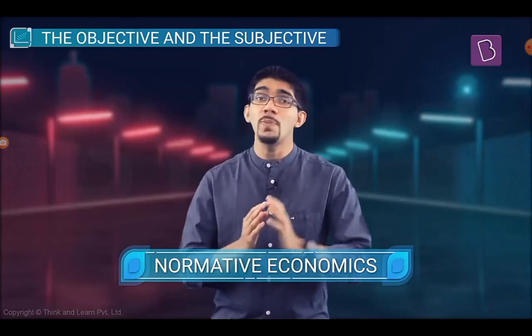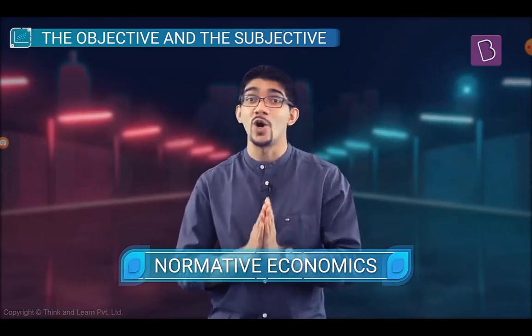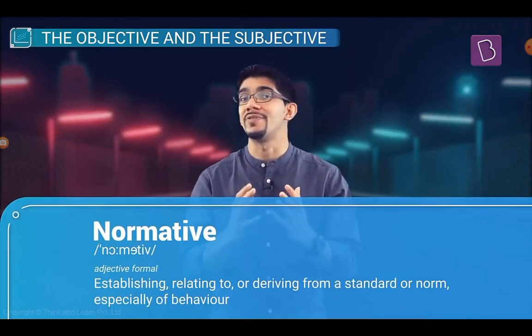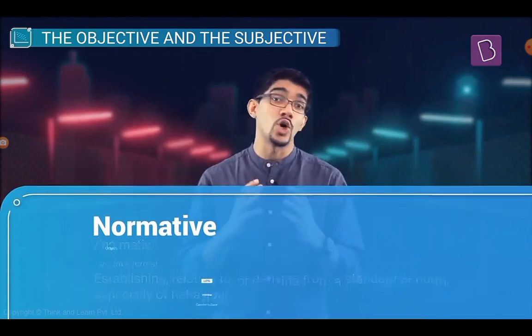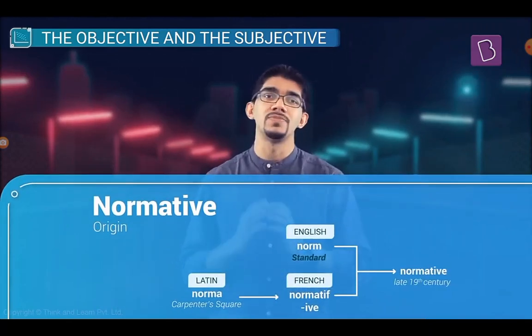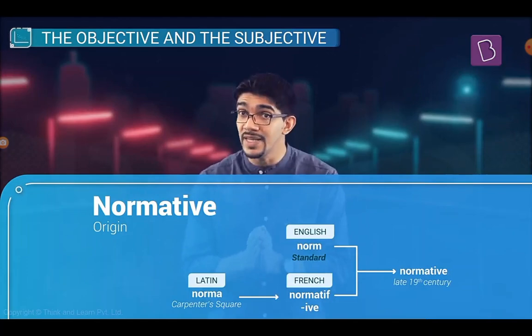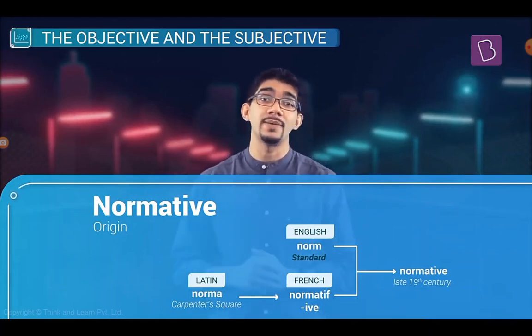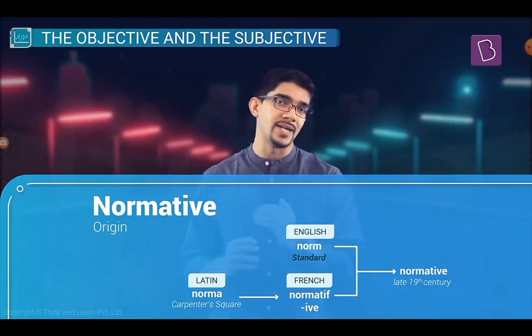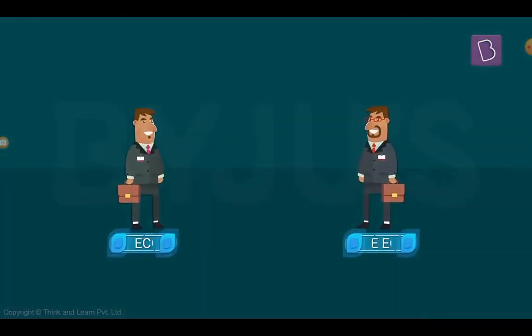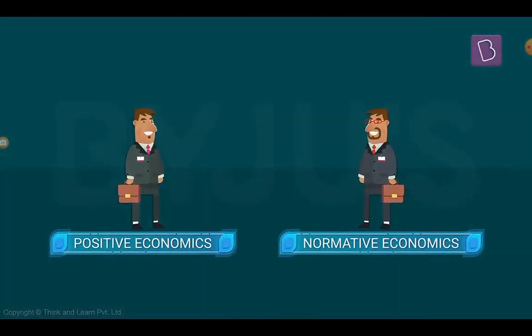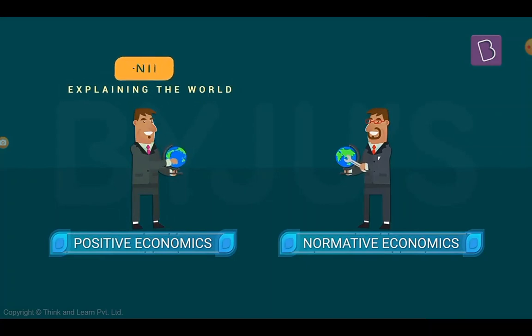So you see, the opposite of positive economics is not negative economics, it's normative economics, derived from norm, which means a standard or something to conform to, which essentially means a value judgment is there about whether something is good or bad. In normative economics, economists go beyond just explaining the world and try to improve the world based on some norms or values. When the economists are trying to explain the world, they are scientists.